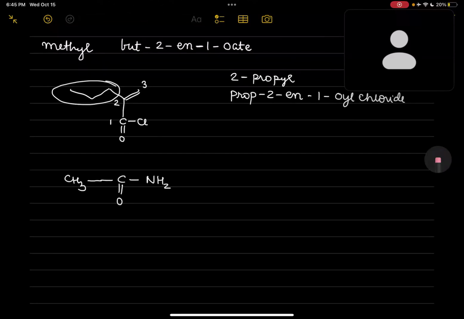What root is it? Methyl with an amide. Ethanamide, yes.